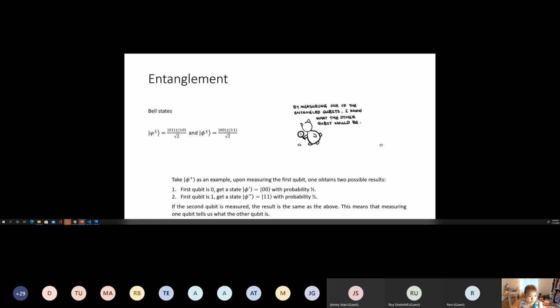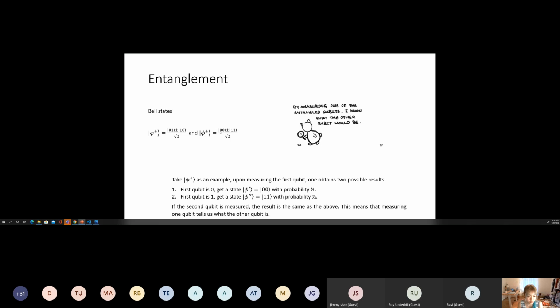Entanglement means that when you measure one of the qubits, you don't even have to measure the other qubit to know what it is, because of the setup for Bell states. Say you are in a state like this one, 00 plus 11.